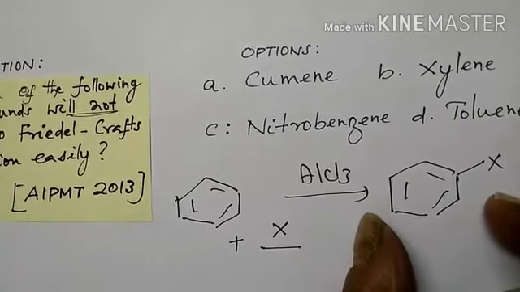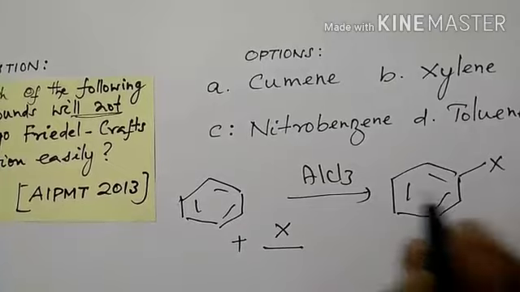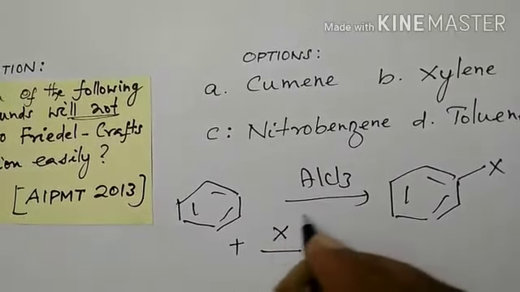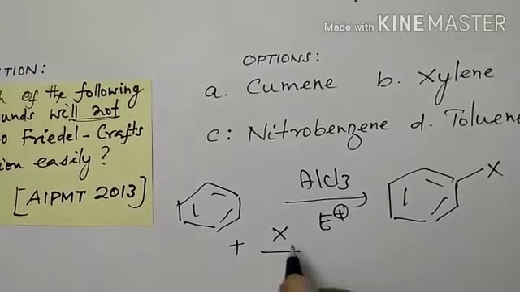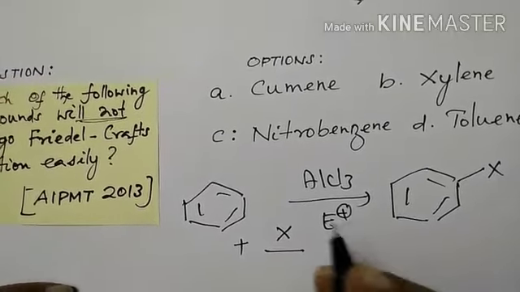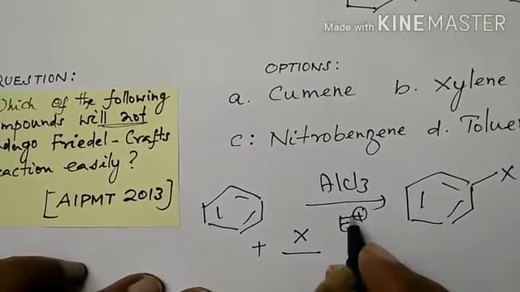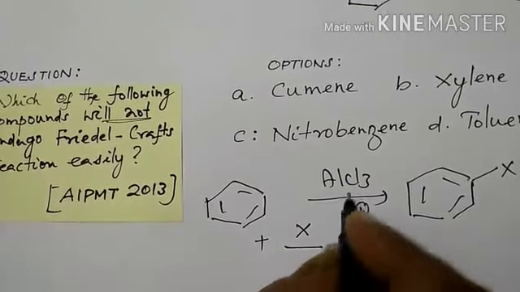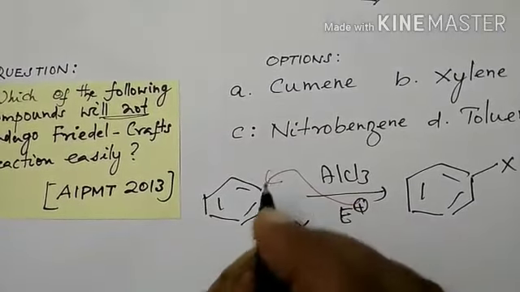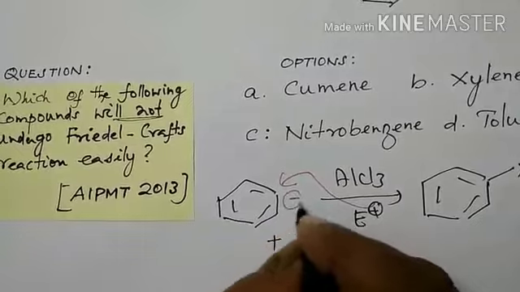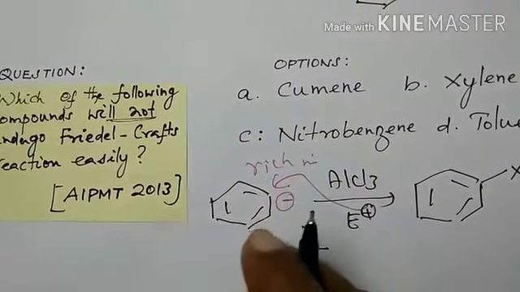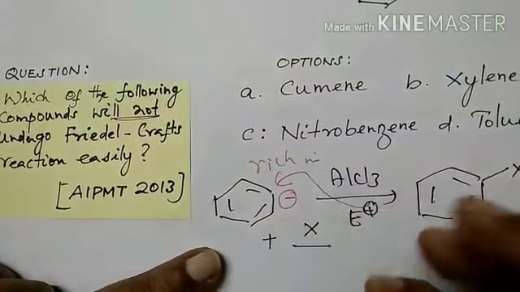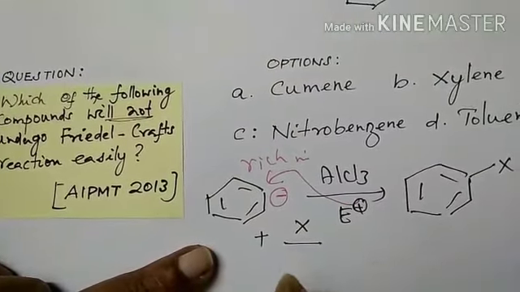This is the Friedel-Crafts reaction concept. It comes as an electrophilic substitution reaction. Electrophile means the positive charge should come and attack on the ring, meaning the ring should be rich in negative charge. It should be rich in negative charge, then only it can attract the positive.